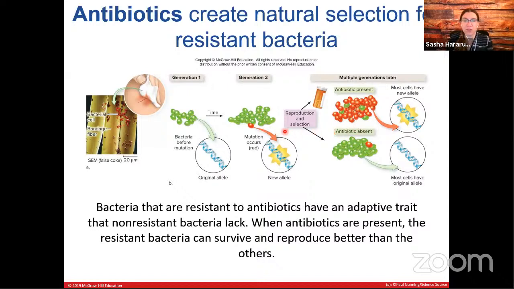But if there's no antibiotic, then the bad news is that you will still have a bacterial infection, but the good news is that you will not develop a resistant strain.